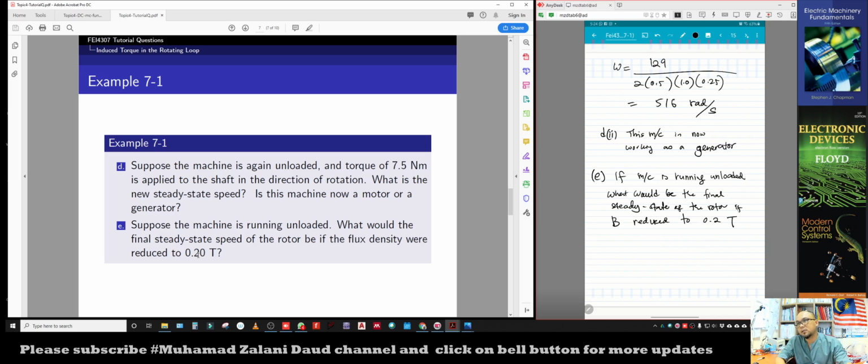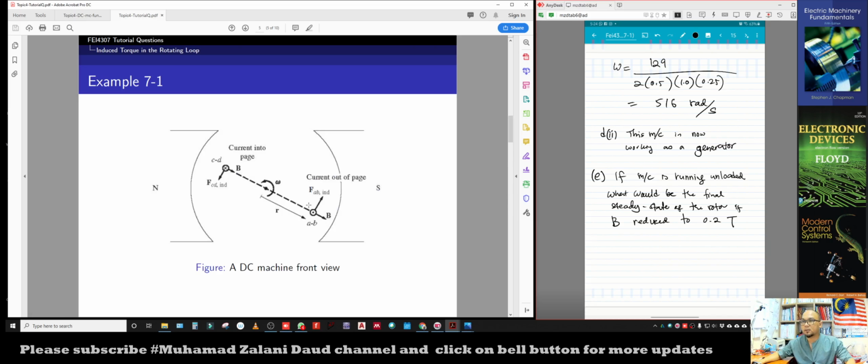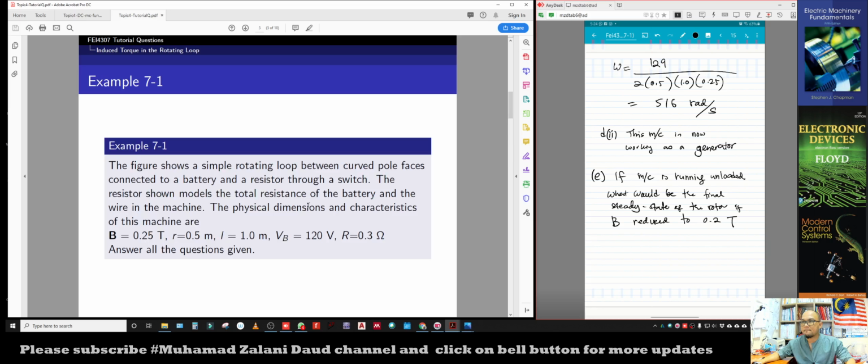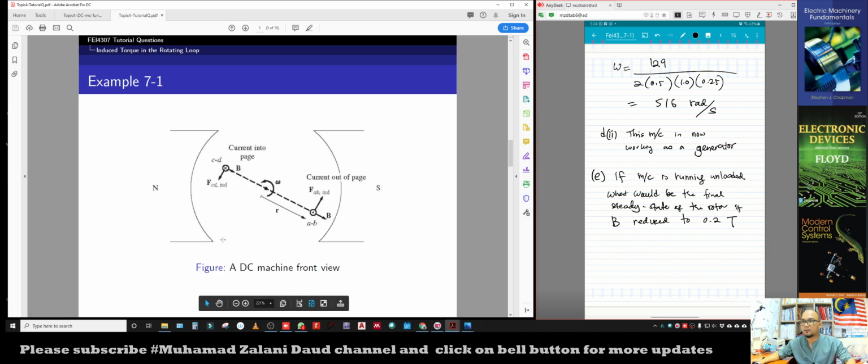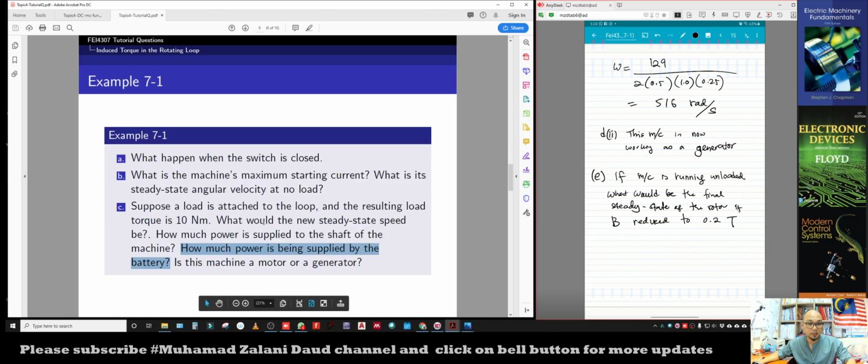Initially it was 0.25 Tesla, right? In the question, B was 0.25. Now B has been reduced to only 0.2, meaning that 0.05 Tesla of the flux has been reduced because of some problem related to the commutation process, right? Flux weakening, for example, will make the machine suddenly reduce its flux intensity.